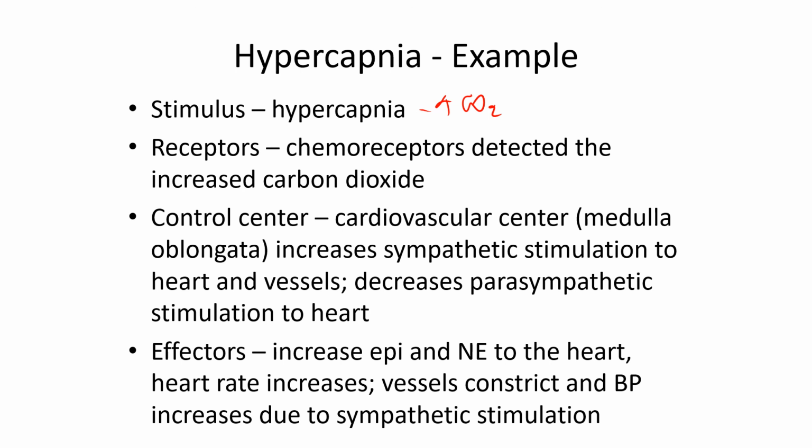So thinking about this, if you've got too much carbon dioxide, you want everything to speed up so you can get it out of your system more quickly. And you do that by increasing sympathetic stimulation and decreasing parasympathetic stimulation to your heart. And we do this using epinephrine and norepinephrine. Heart rate increases, vessels constrict, blood pressure goes up, and of course, one piece of this puzzle we are not including in the conversation is respiratory rate will also increase.